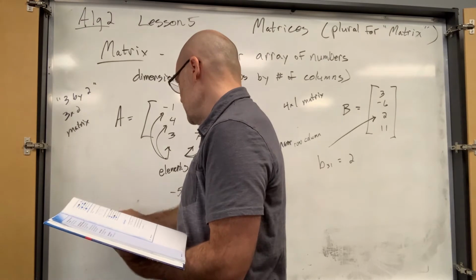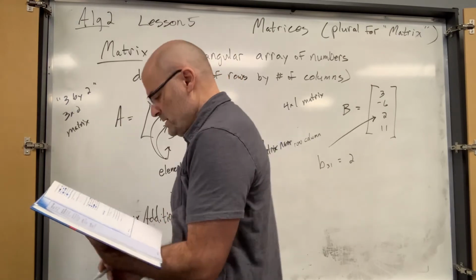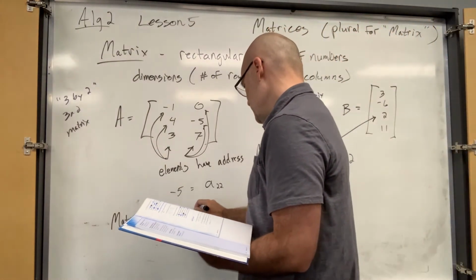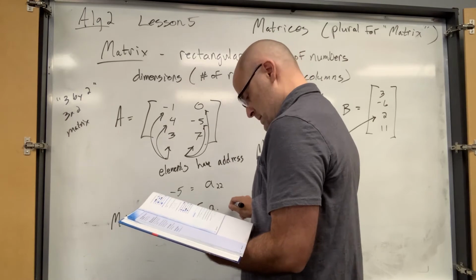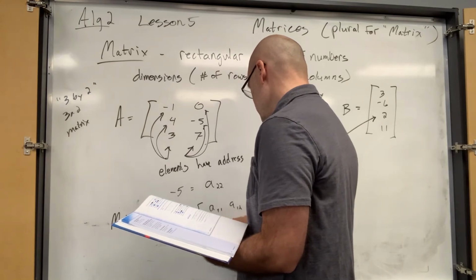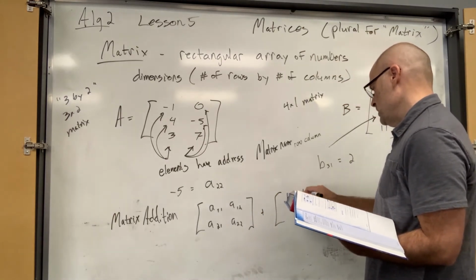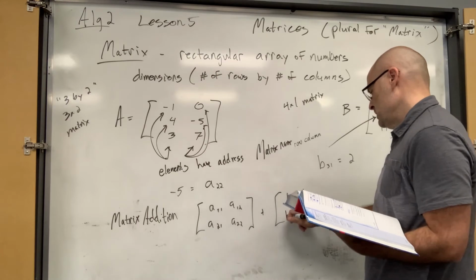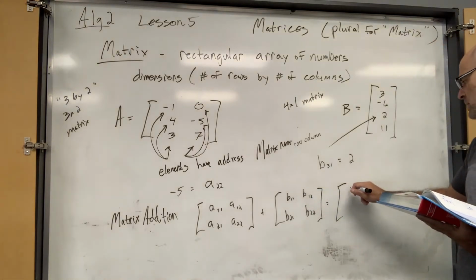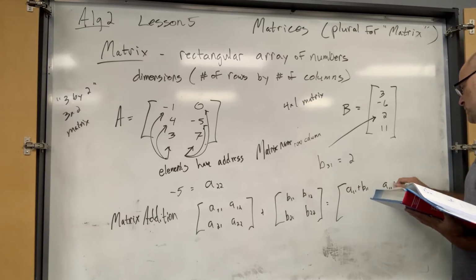All right, now you can do operations with matrices. So we're gonna do matrix addition. Basically, you're just adding the corresponding elements. So if I have A11, A12, A21, A22 plus B11, B12, B21, B22, then your resulting matrix would be A11 plus B11, A12 plus B12.